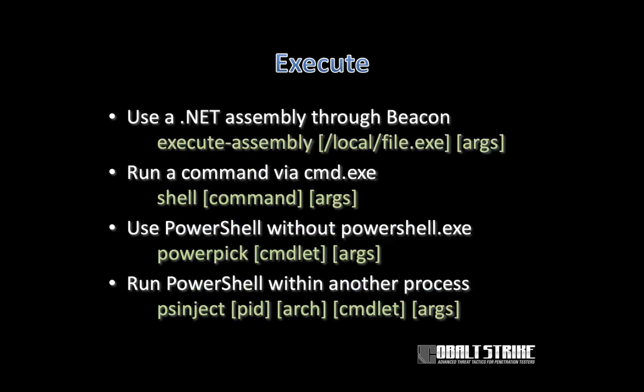Here are some other ways to execute programs through Beacon. Let's say you've got an awesome capability written in .NET. You can run a .NET assembly through Beacon without touching disk. Use execute assembly. You can do execute assembly, the path to the file locally, and your arguments.